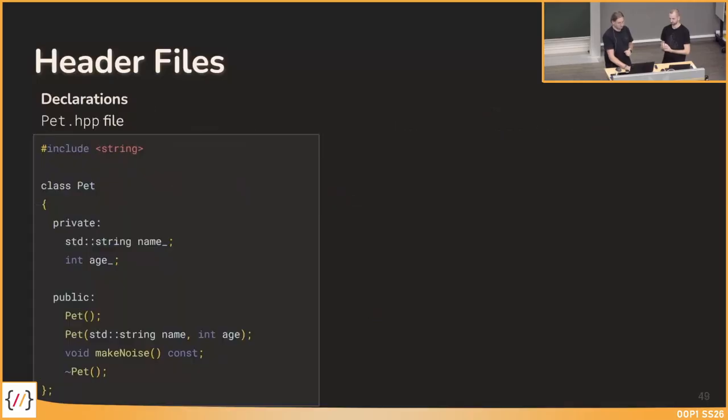Let's have a look how it looks with classes. Maybe it's a bit more practical. Yeah. So we have our, again, pet class here in our HPP file. We only declare our private members and the declarations of the public methods. So there's no actual implementation in here.